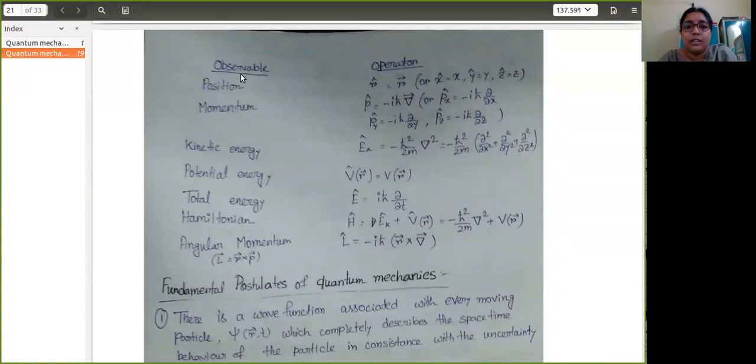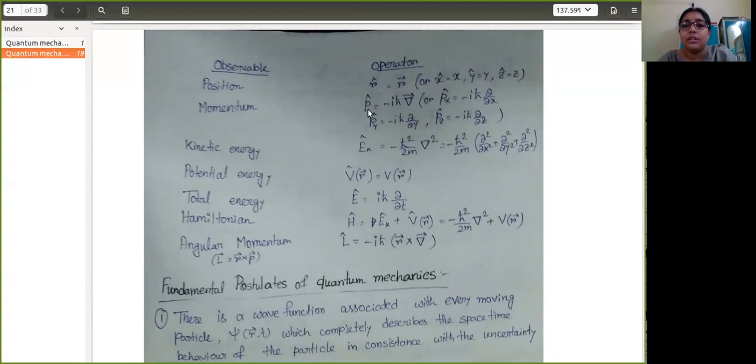Let us take the position observable. The operator is given by r cap. Here the cap does not denote unit vector. Remember, here the cap is operator. So the r operator is r vector, or just x, y, or z if you talk in terms of the coordinates.